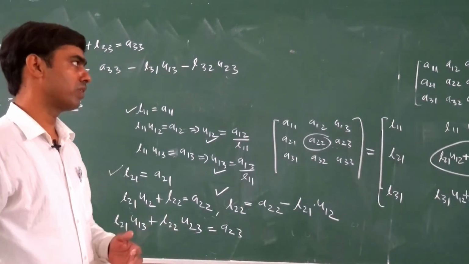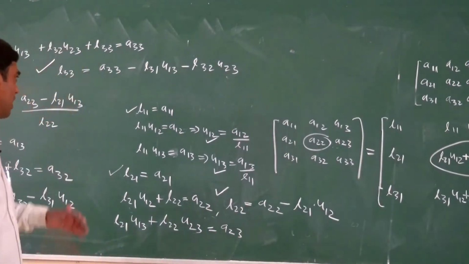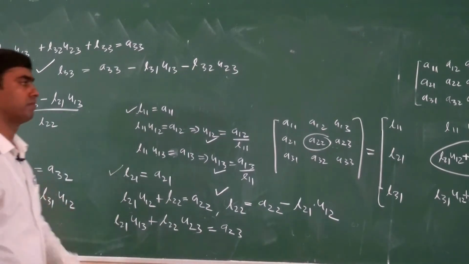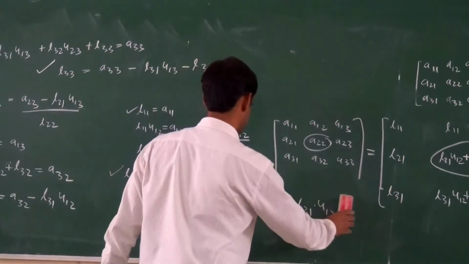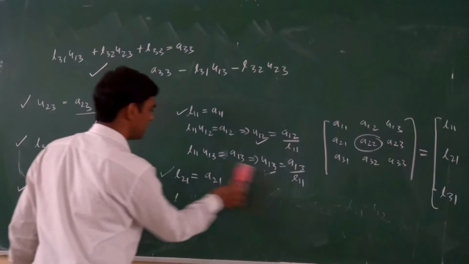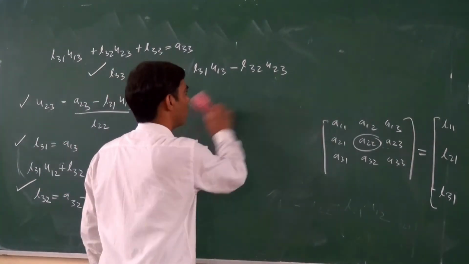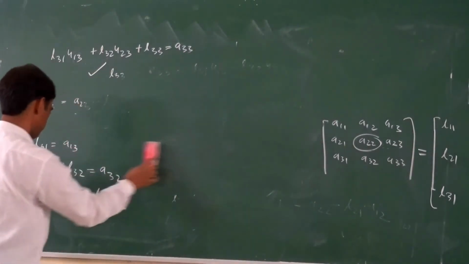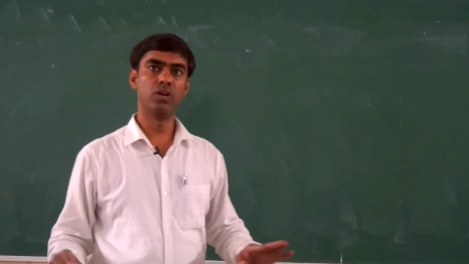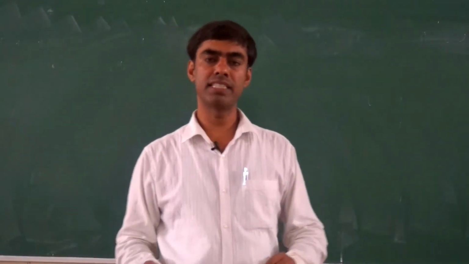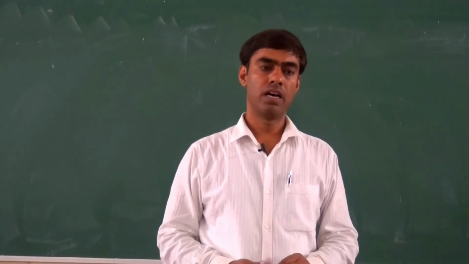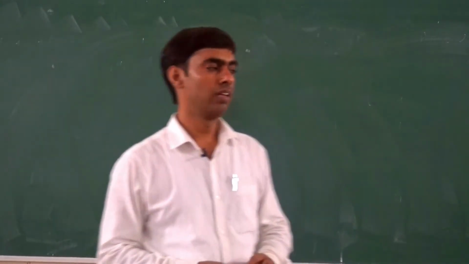Then we are able to find the lower triangular matrix and upper triangular matrix using these expressions in Crout's method. After calculating these values, how do we solve the system of linear equations?